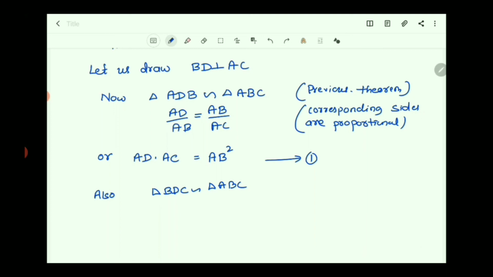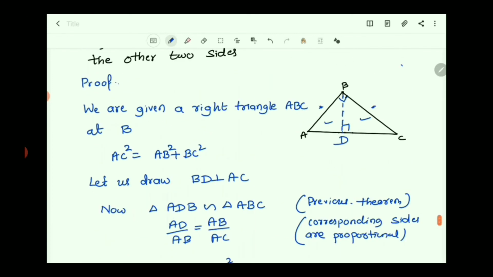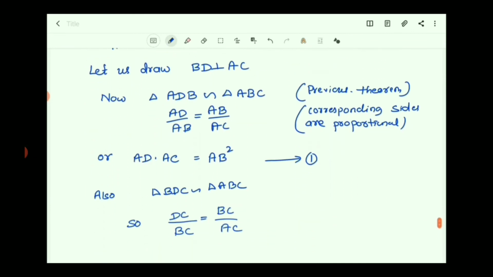So you can write DC by BC is equal to BC by AC.